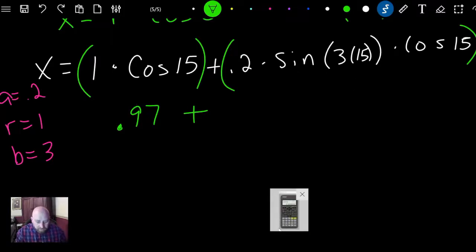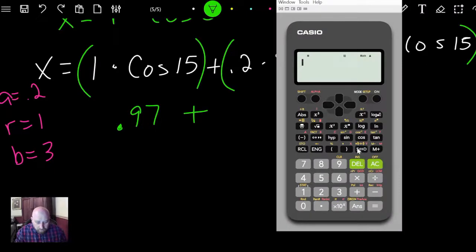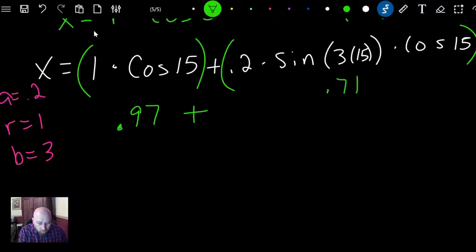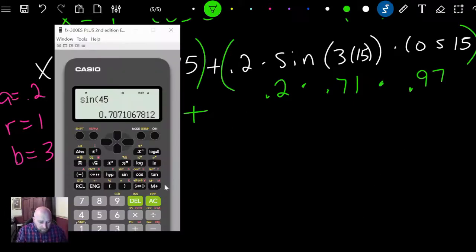So we'll do the sine of 45. The sine of 45 equals 0.71. So 0.71, and that's going to be 0.2 times that, times the cosine of 15, which we already did over here, 0.97. And then we can multiply all those together and see what we get.